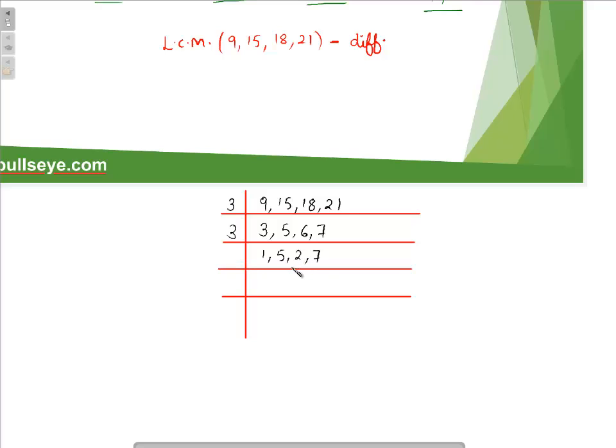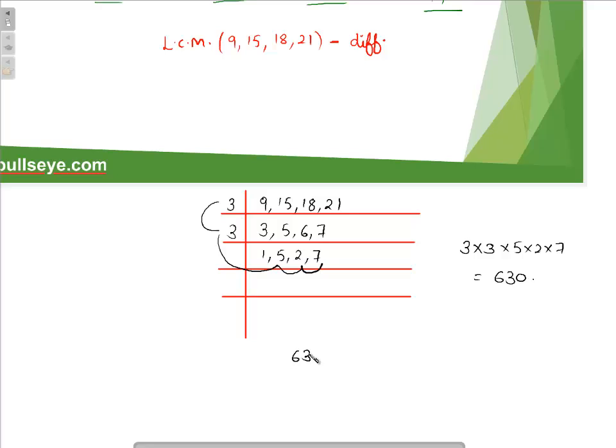Now, since we are not able to find a number which is dividing at least 2 of the numbers, we will stop here. Then we will take the multiplication of these numbers. That will be the LCM. This is 3 into 3 into 5 into 2 into 7. That is 630.